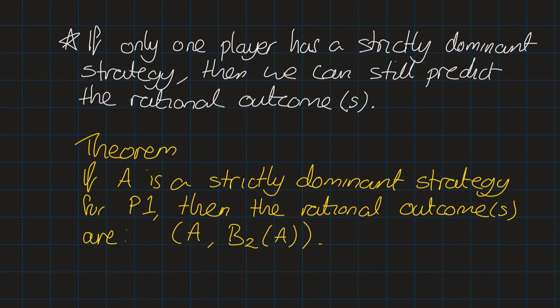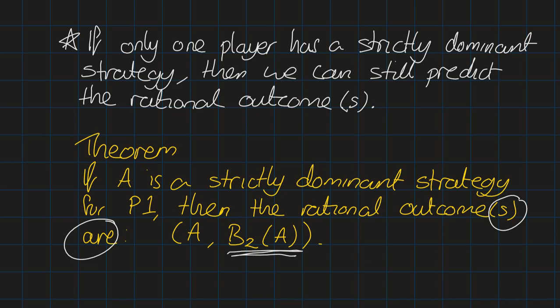It says, if A is a strictly dominant strategy for player 1, then the rational outcomes are A, the best response for player 2 if player 1 plays A. Notice it's not a mistake that there's an S and this isn't an is. Sometimes there's one rational outcome, sometimes there's more than one, sometimes there's none. And that's okay, because the best response function sometimes gives you more than one answer.